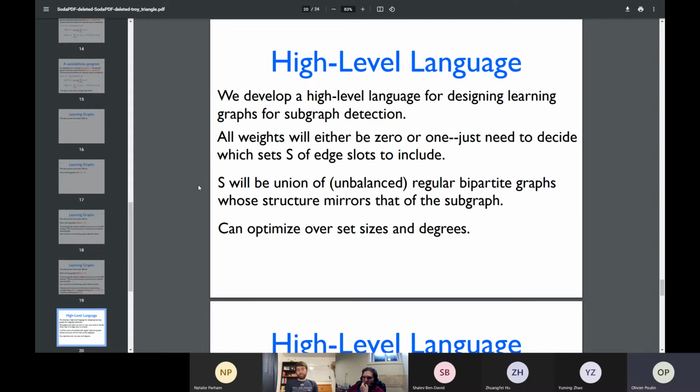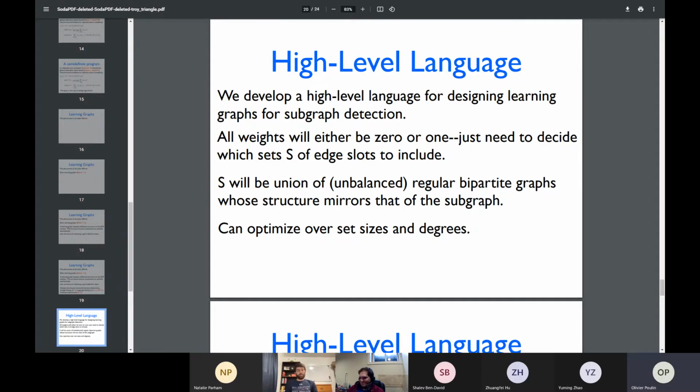So what did they do exactly? Well, they made their own abstract language for learning graphs, for subgraph detection, which would then be used for the triangle problem and the associativity testing.